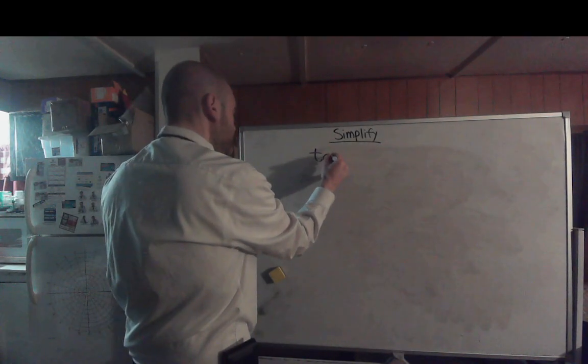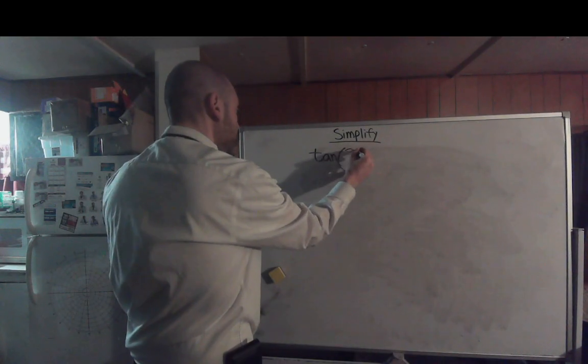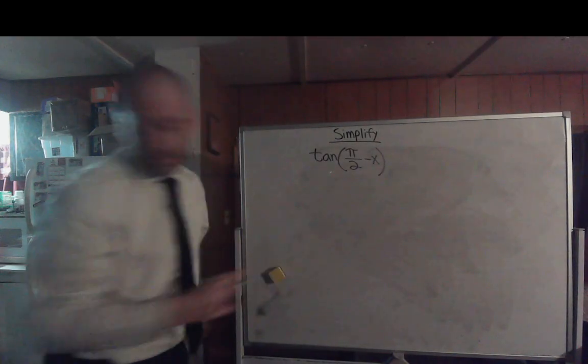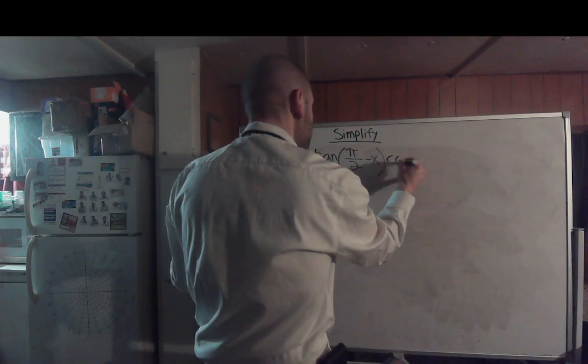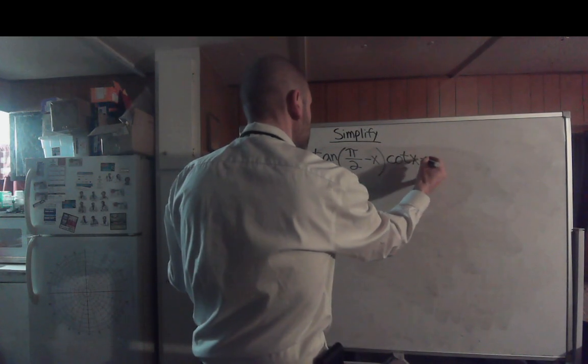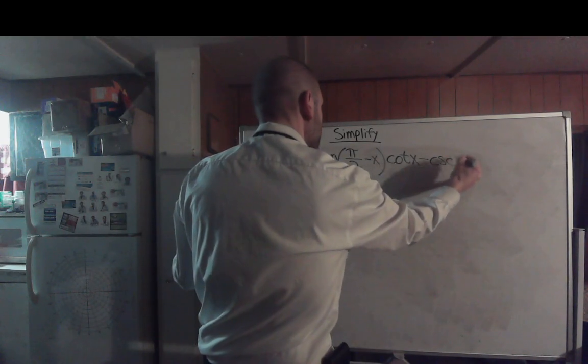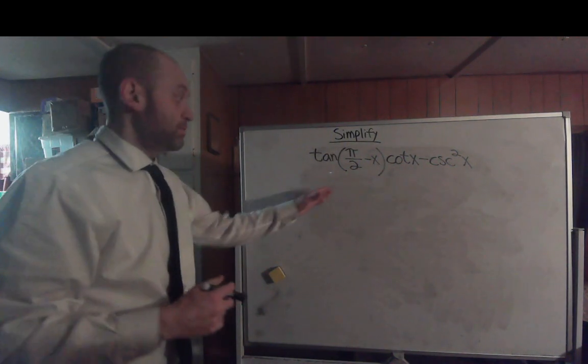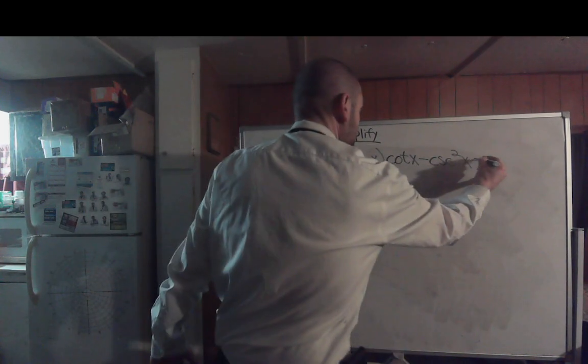We have the tangent of the quantity of pi over 2 minus x times the cotangent of x minus the cosecant squared of x. Alright, so let's consider this.